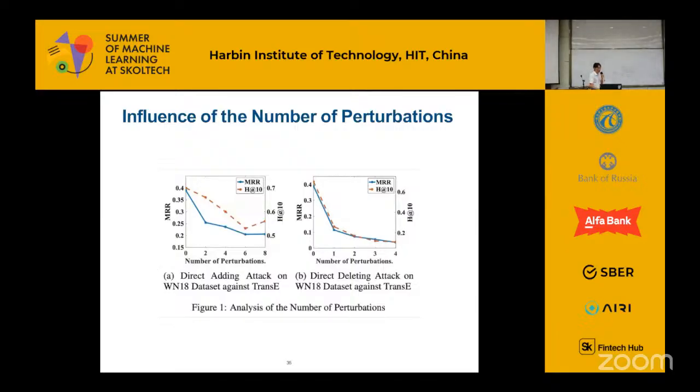And we have a very worrying finding: for the direct adding attack and direct deleting attack, we only need to add or delete at most about 2 facts in order to make the embedding of the target fact detour significantly.